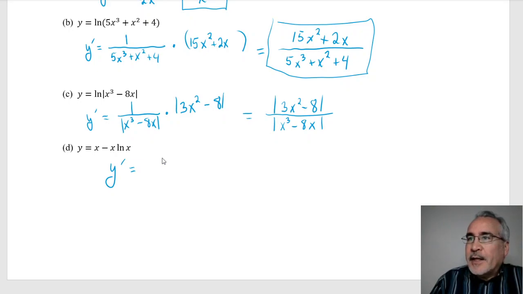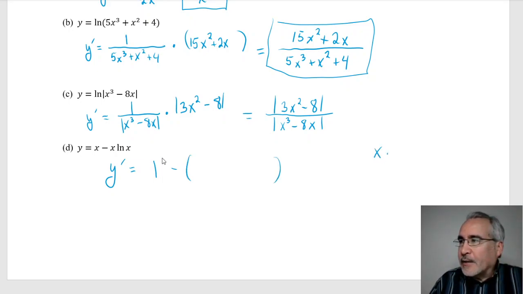So the derivative of x, that's term by term, that's just 1. Now when we take this derivative, it's going to be minus, I'm going to put a big parenthesis, what is x times natural log of x?